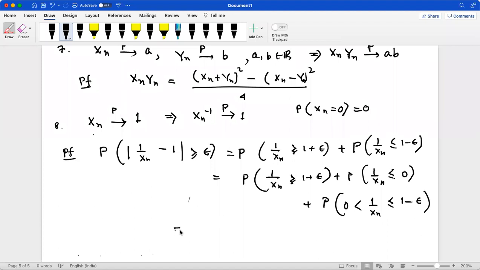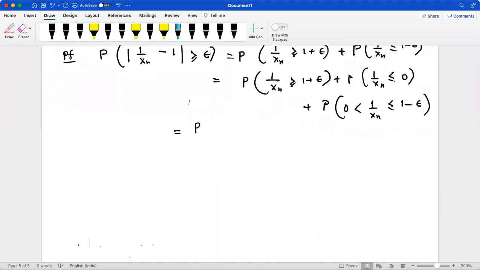Now what is this? This is nothing but the probability of 1 by xn greater than or equal to 1 plus epsilon, plus... now each part goes to 0 actually. No need of doing this. Each part goes to 0 because as n tends to infinity, we have xn tends to 1.